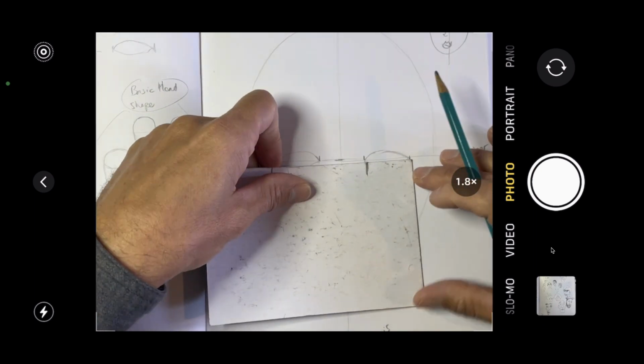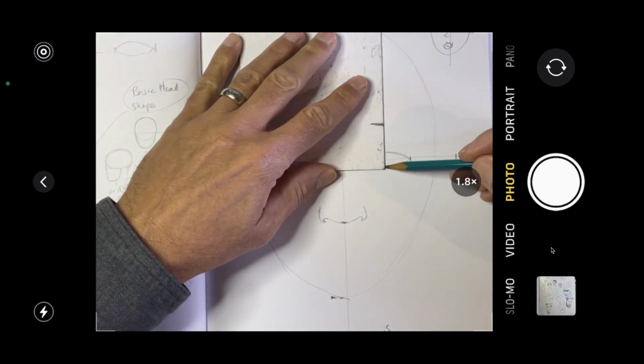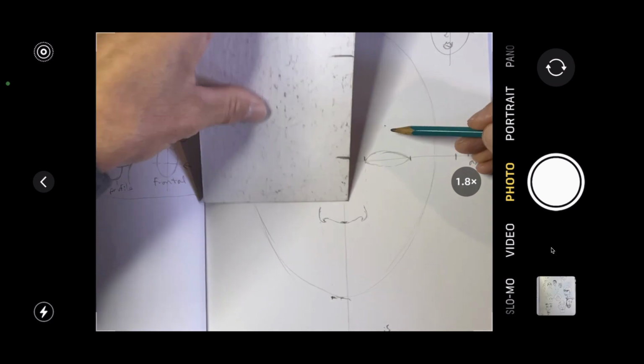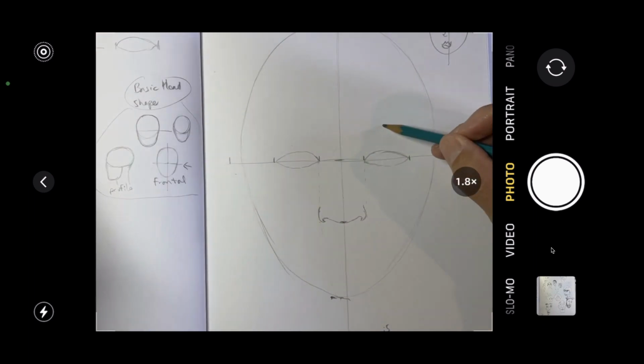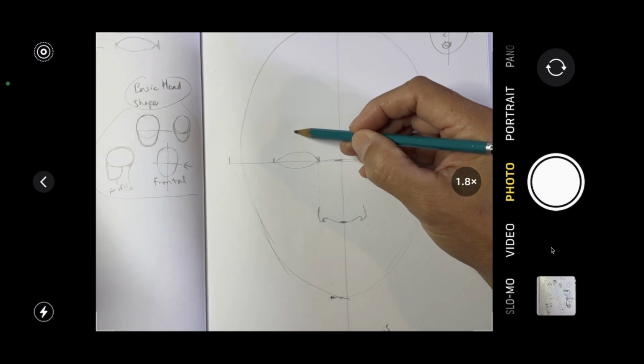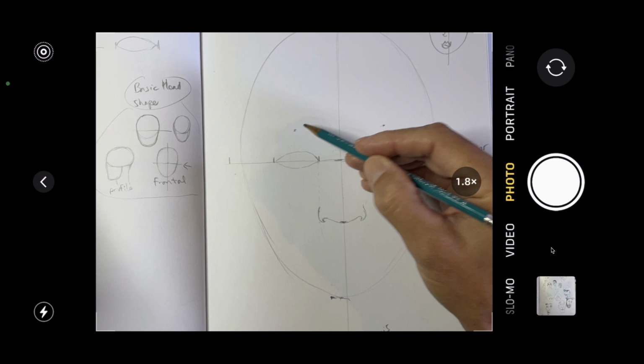Basically, one eye upwards from the bottom of the eye is where the top of the eyebrows might be. Okay, pretty close to that, maybe a little less. Some people's eyebrows are a little lower, some seem a little higher, but it's really close to one of those.